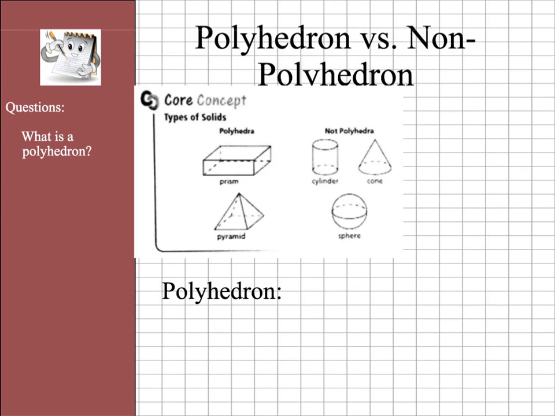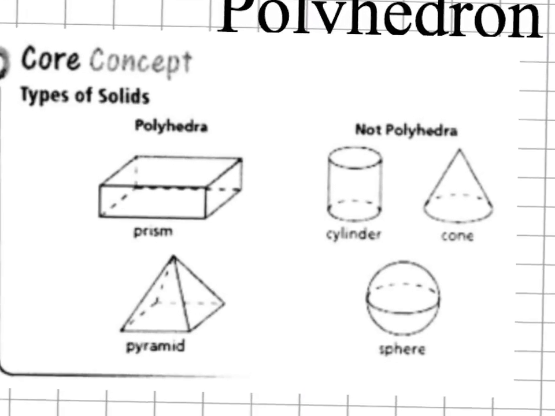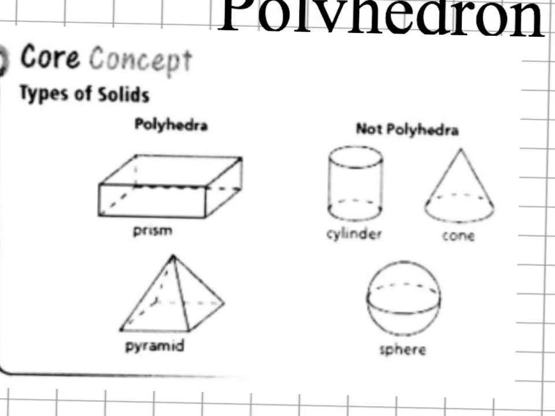I'd like you to take a moment and study those sets of shapes. I'm going to give you about 30 seconds to study them, and then I want you to decide what makes these polyhedrons and these not.